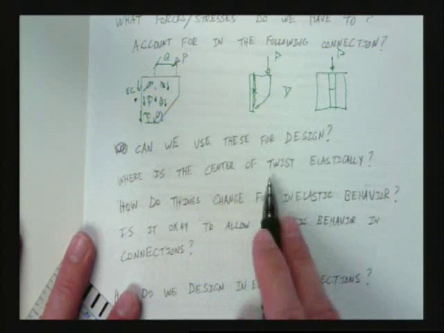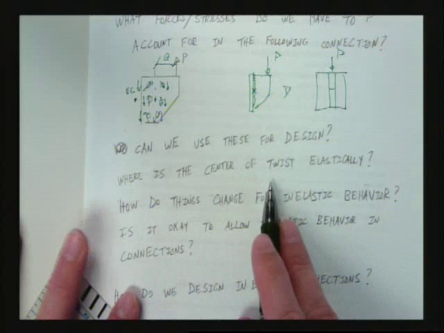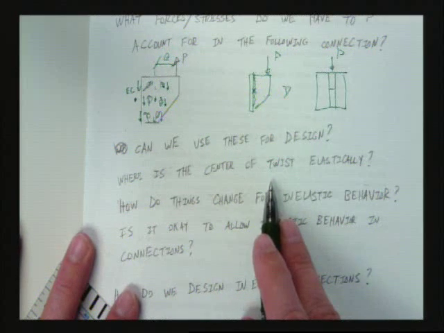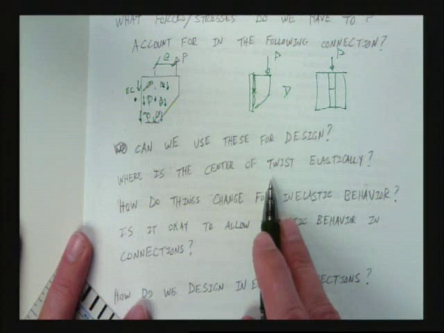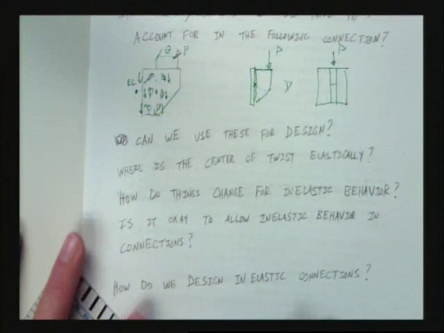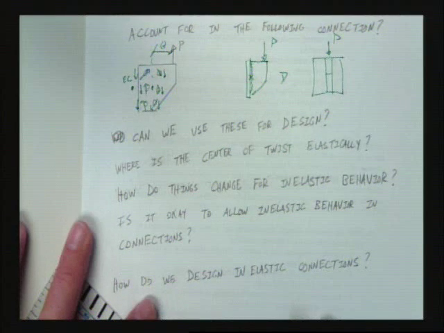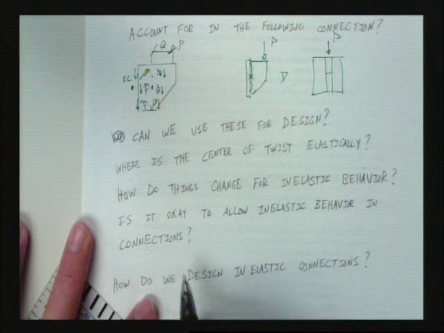So she nailed it. Where's the center of twist elastically? It's the single point that's perpendicular to the resultant from every one of the elastic loadings. That's where the center of twist is, the elastic center.